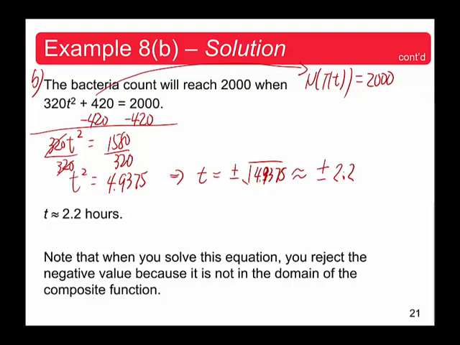And we're looking at time, so time t cannot be negative. That's why we end up with the only answer, which is t approximately equal to 2.2 hours. There's no negative time, so that's why the negative value is not applicable here. So basically we eliminate that.